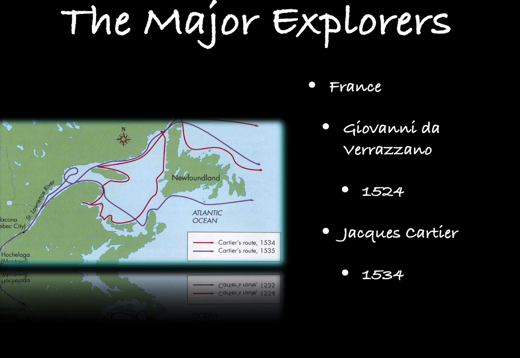And he will claim that territory for France, which is why if you live in Quebec, in the eastern portion of Canada, you speak French Canadian. Okay? If you live in the west, you speak English. If you live in the east, you speak French. It's part of the colonial legacy of Canada. Okay? So again, from France, we don't typically think too much about exploration, but they were very important. Okay? So Verrazzano and Cartier.